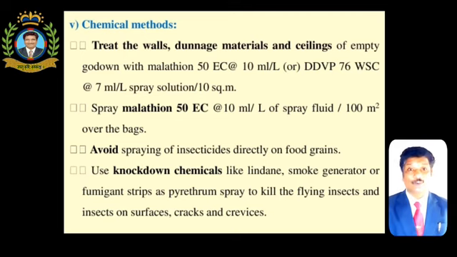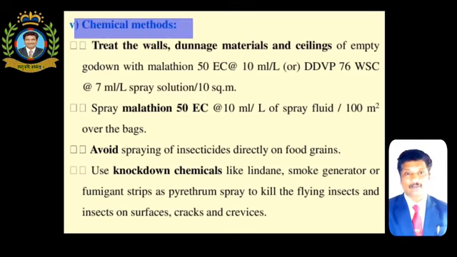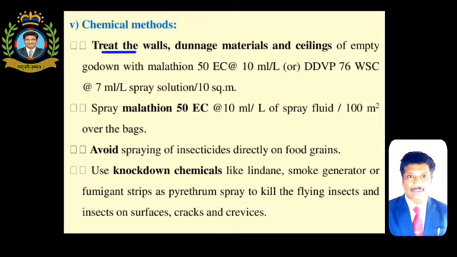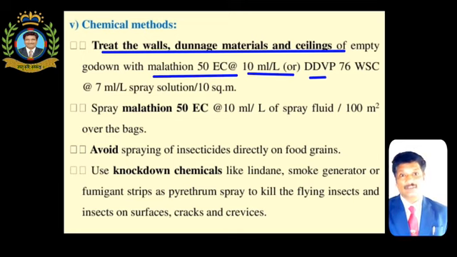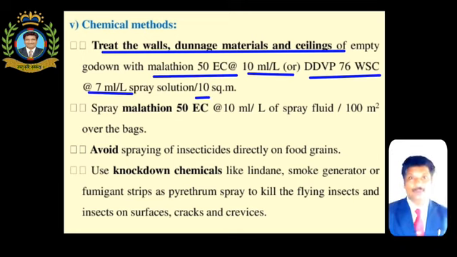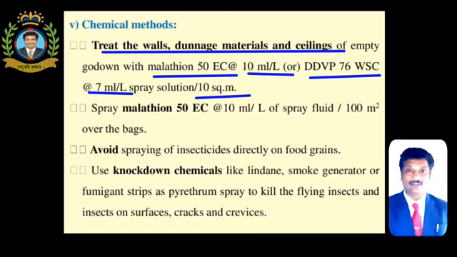The last but not the least is known as the chemical method. The first group is how to treat the walls, dunnage materials and ceilings of the godowns or storehouses. Initially empty the storehouse and then spray with insecticides such as Malathion 50 EC at the rate of 10 ml per liter or DDVP 76 WSC at the rate of 7 ml per liter for a 10 square meter area.